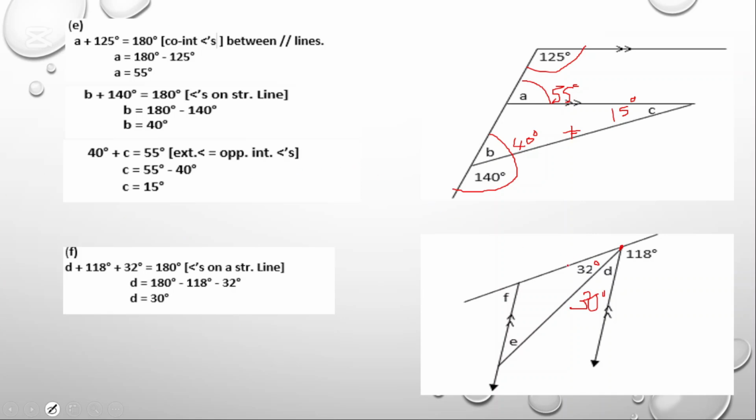Okay. Here we see from the parallel line to the transversal, from the parallel line to the same transversal, D and E. You see there? They are alternate angles, D and E. Right. So D, we have D already. D is equal to 30. So D and E, they are exactly the same because they are alternate angles.